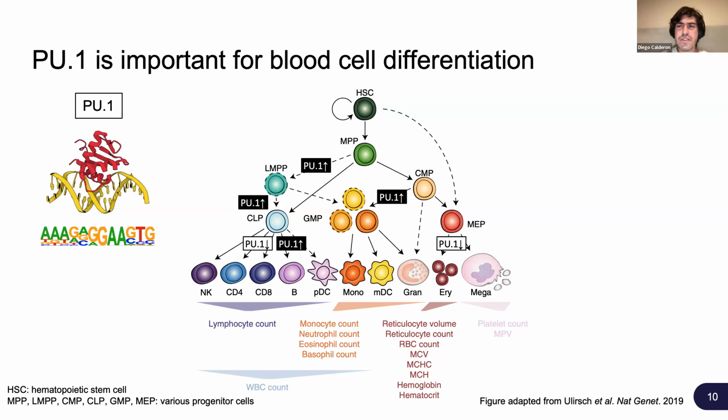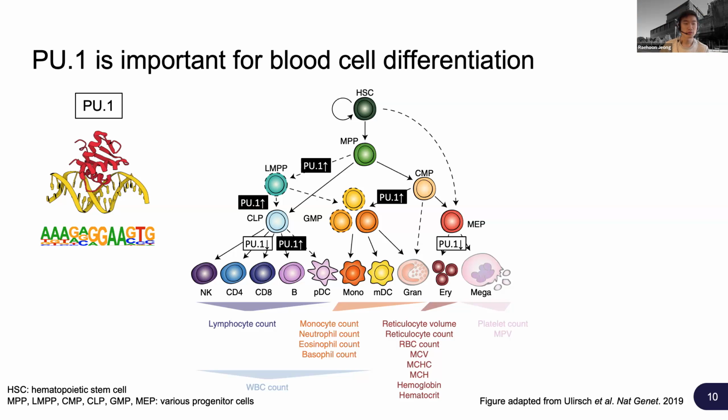Great, and just one more question here. Adrini was curious if you happen to remember seeing any colocalization between sickle cell associated variants and PU1 binding. You might not remember off the top of your head. Oh, I did not investigate that question, so I don't know.